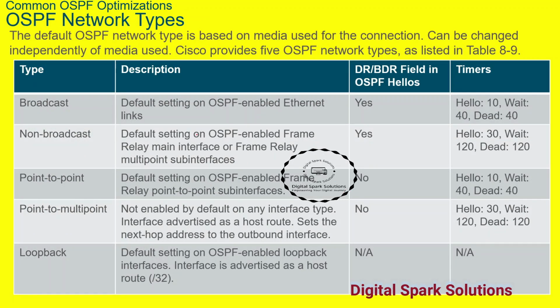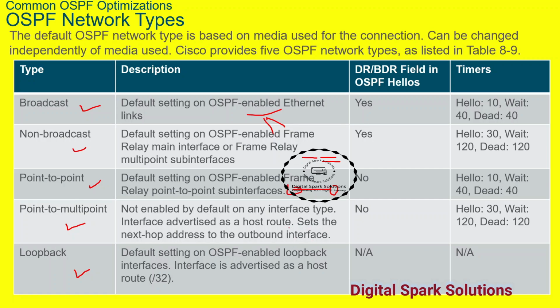Then we have the OSPF network types: broadcast, non-broadcast, point-to-point, point-to-multipoint, and loopback. Broadcast is one-to-all. Non-broadcast is one-to-specific. Point-to-point is one-to-one.